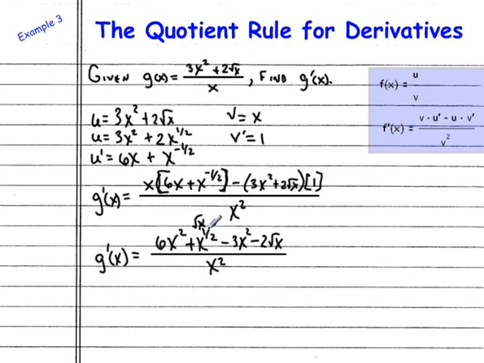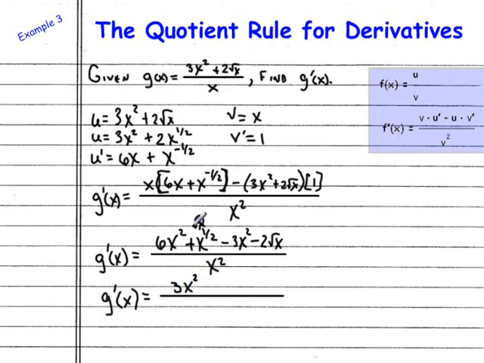And so as we simplify further, we see that our numerator is going to have a 6x squared minus 3x squared, which of course is just 3x squared.